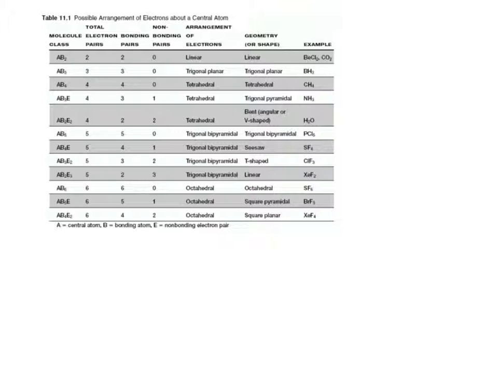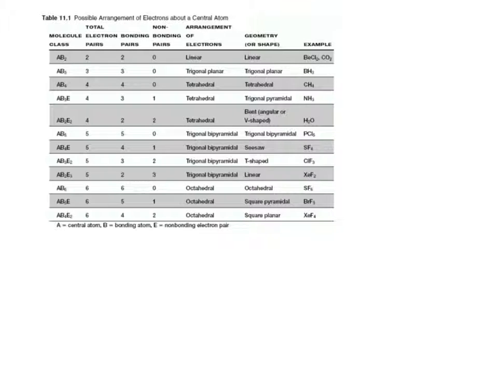Okay, so let's talk a little bit about VSEPR and how we can use it to make predictions on the shape and geometry of bonds in a molecule. It's quite simple how it works. We're going to look at a simple molecule first to show you how this works.